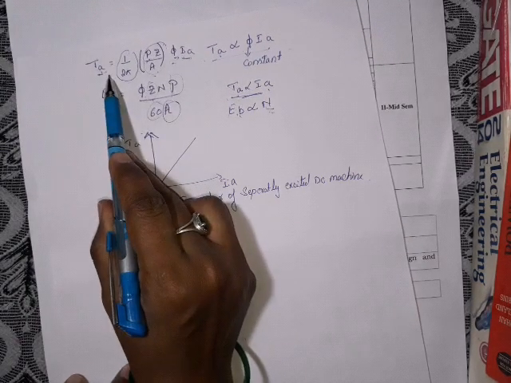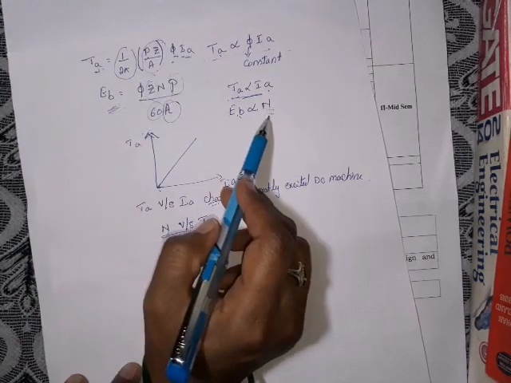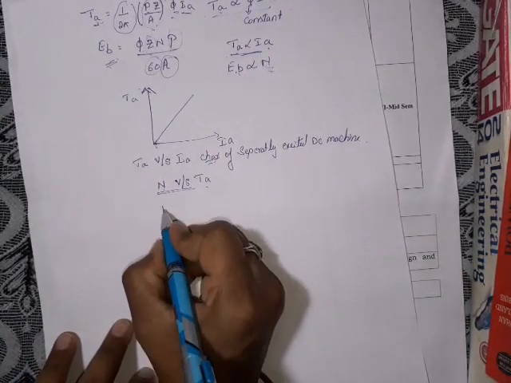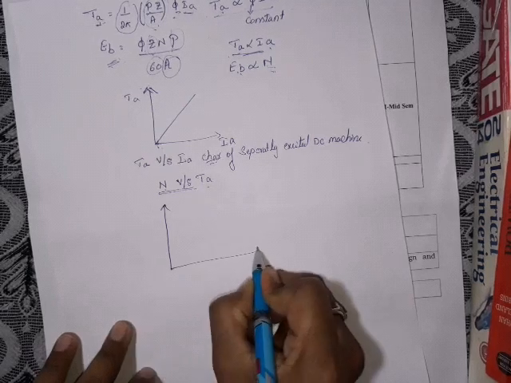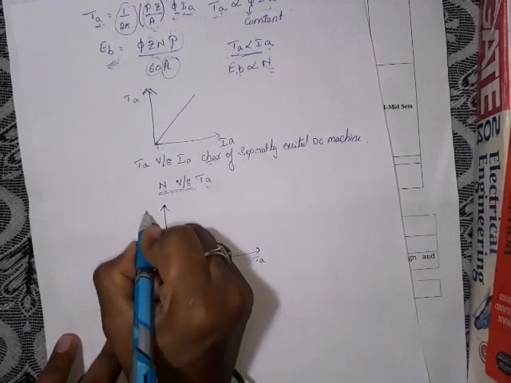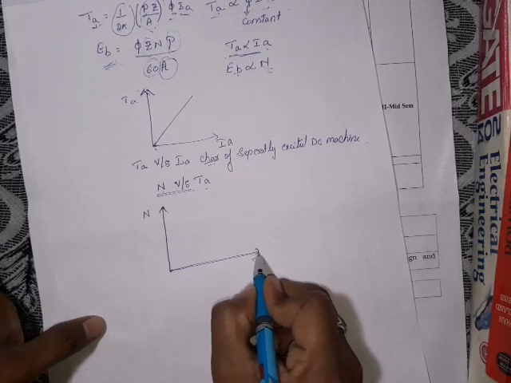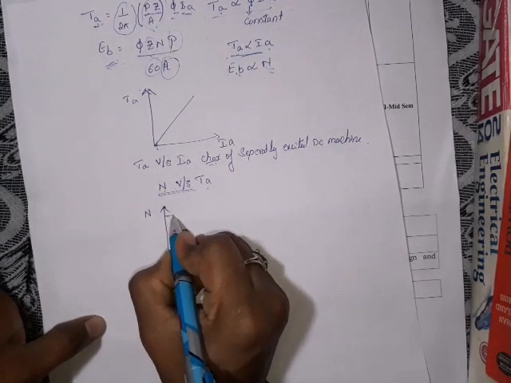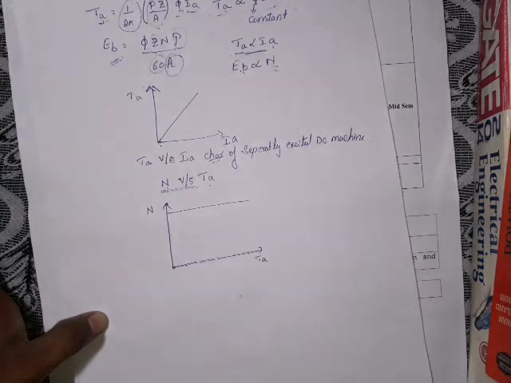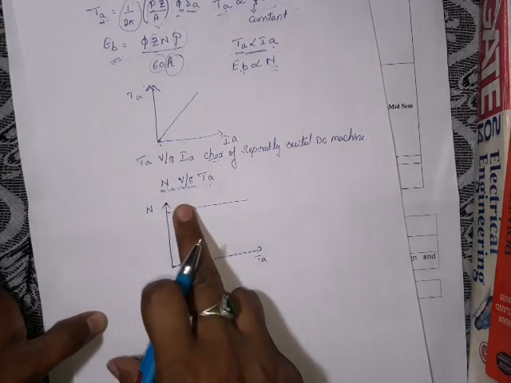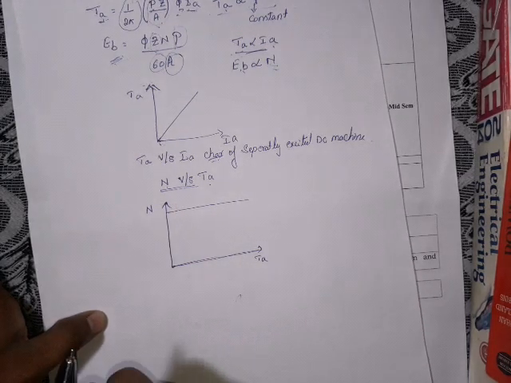So I can say armature torque is independent of speed. If you plot a graph for this, this is your armature torque, this is the speed. Irrespective of armature torque, your speed remains constant. Even if your armature torque increases or decreases, the speed is constant.